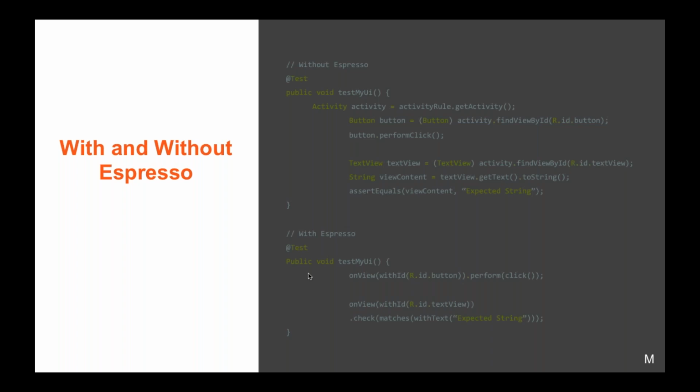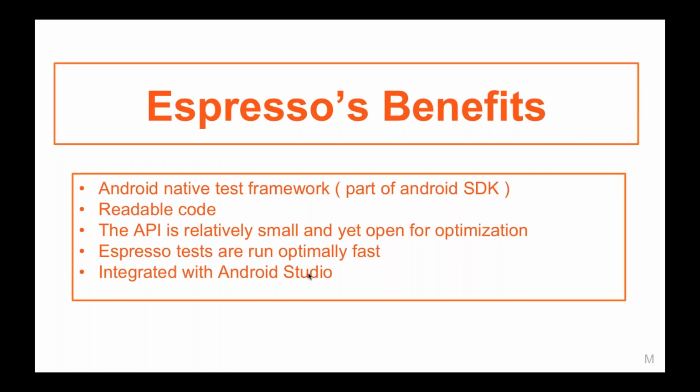So Espresso is easier than old instrumentation. The tests are very easy to read: test my UI, on view with ID button, perform click. It's almost like behavior driven tests like in Cucumber. I think they are much more readable than old instrumentation tests. You can see the comparison right here.